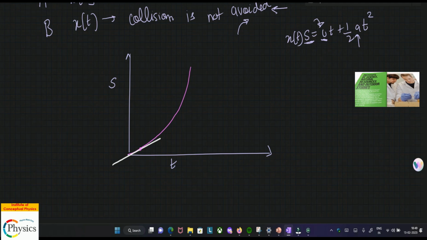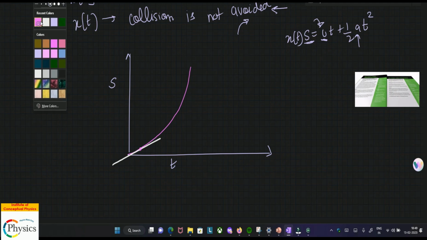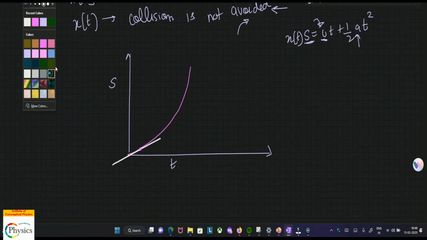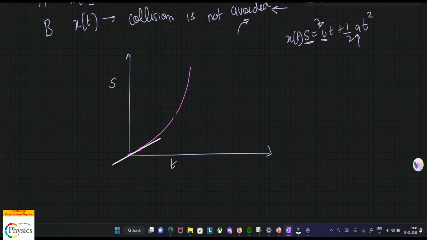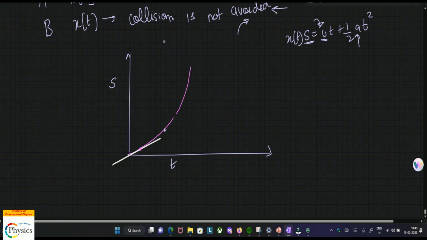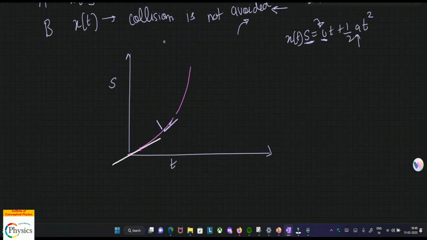Of course if you're accelerating, your slope changes. Let's consider another point, and let me draw a graph here also. So my graph looks like this. Do you see that the slope is increasing?